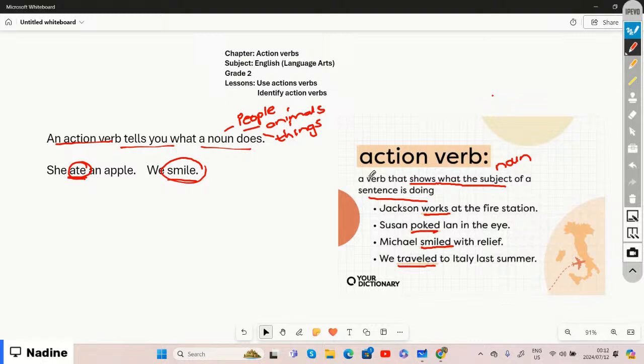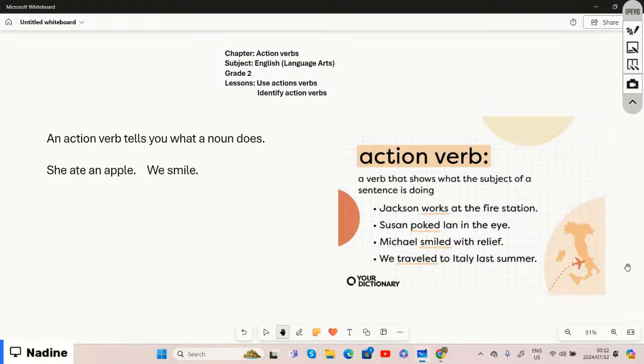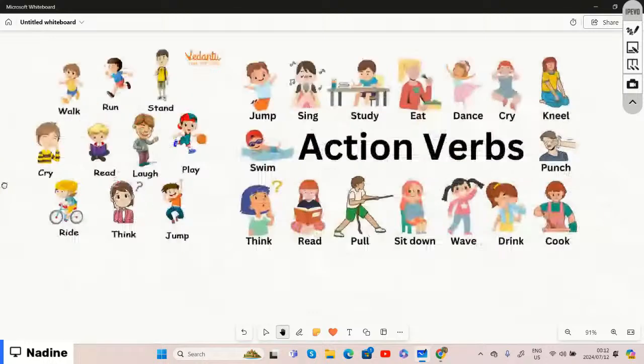Right. And if we look at a few more action verbs, remember, an action verb is the action that the person, animal, or thing is doing.